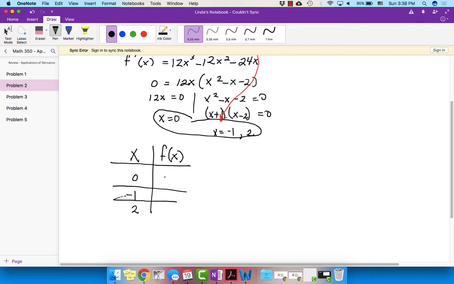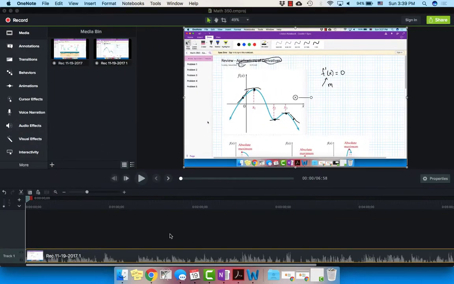Plugging in, 0 gives me 2, negative 1 gives negative 3, and 2 gives negative 30. When you look at these, it seems that 2 is the absolute maximum because it's the highest value, and negative 30 is the absolute minimum because it's the lowest value.